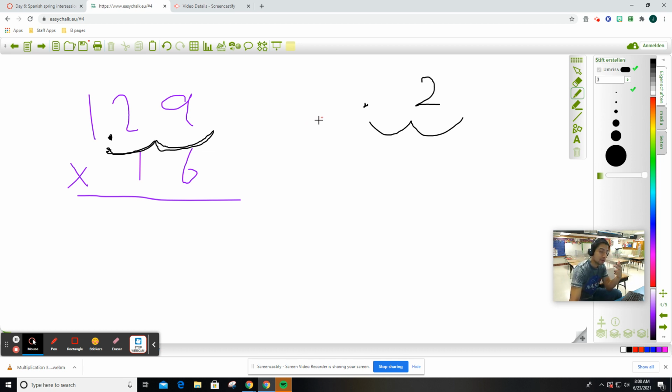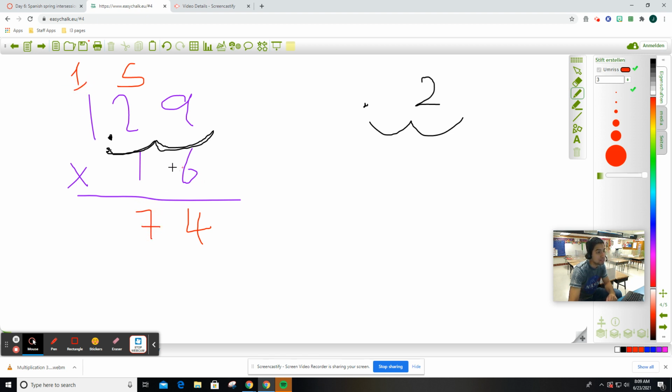Now the second step is to multiply just like I do regular numbers, while ignoring the decimal. So I'm going to start off with my ones place and multiply all the top numbers. So 9 times 6 is 54. 6 times 2 is 12, plus 5 is 17.